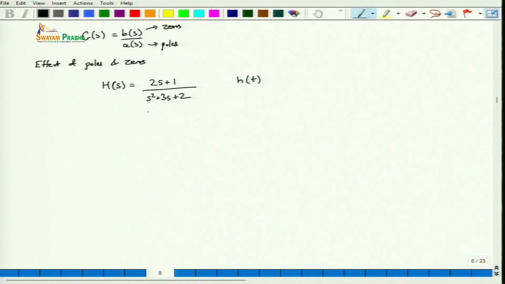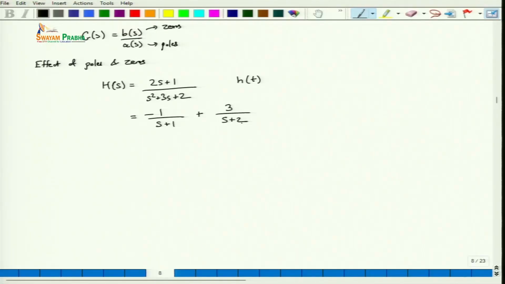So we can express this as these two parts. We can break down this transfer function using partial fractions. We have one root at s plus 1, another at s plus 2, and we get this.